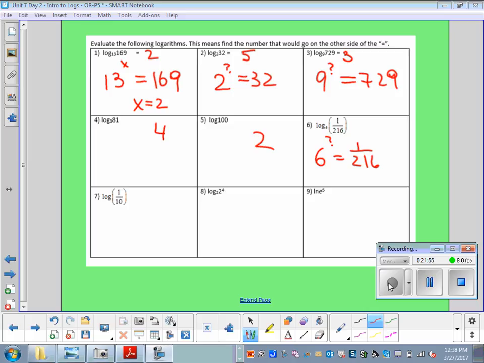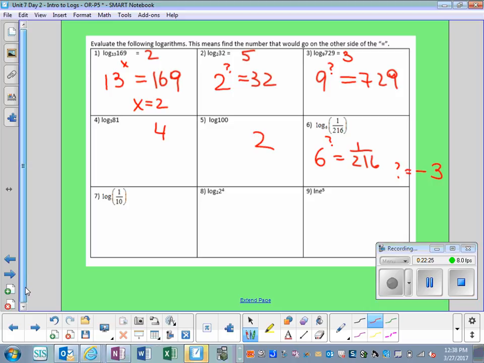But if the exponent is negative, then I get 1 over 6 to the power of that. And now I just need to figure out what number will give me 216. 6 squared is 36, 6 cubed is 216, so the exponent is negative 3. You need to learn to recognize these situations.